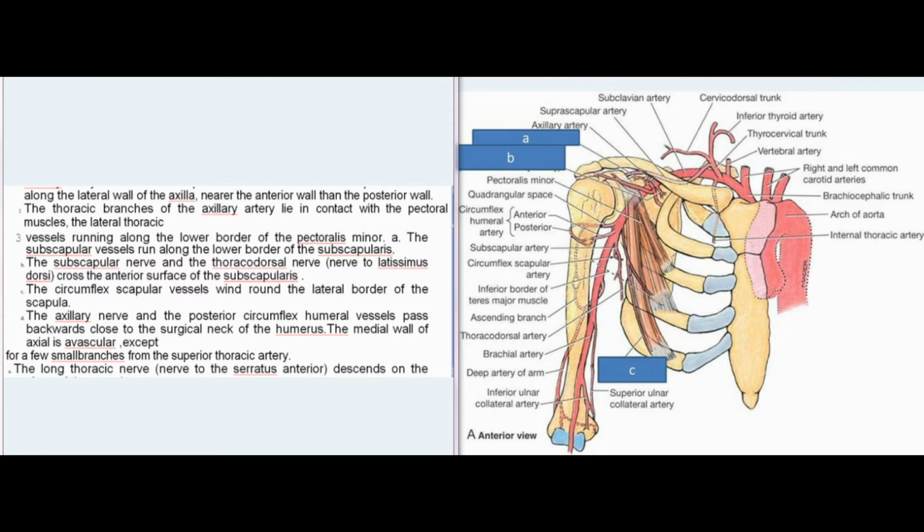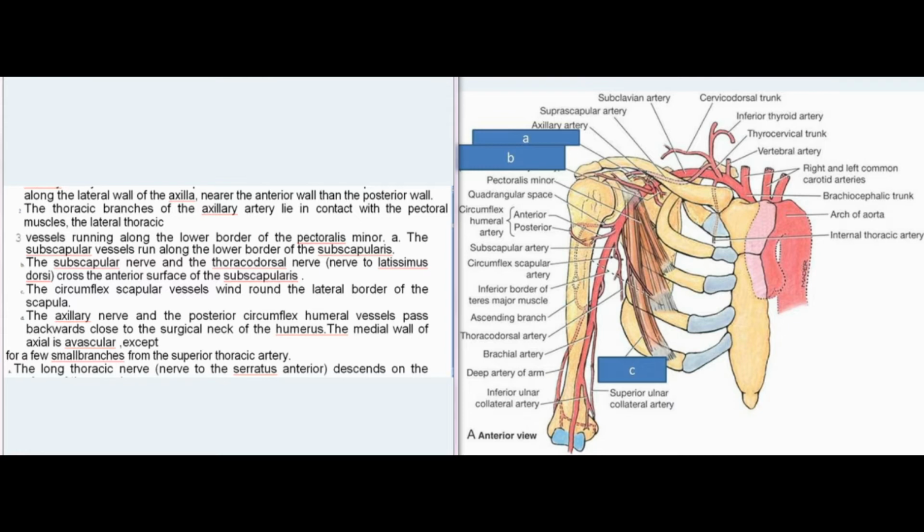The subscapular vessels run along the lower border of the subscapularis. The subscapular nerve and the thoracodorsal nerve, nerve to latissimus dorsi, cross the anterior surface of the subscapularis. The circumflex scapular vessels wind round the lateral border of the scapula. The axillary nerve and the posterior circumflex humeral vessels pass backwards close to the surgical neck of the humerus.